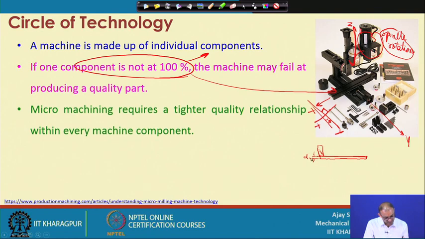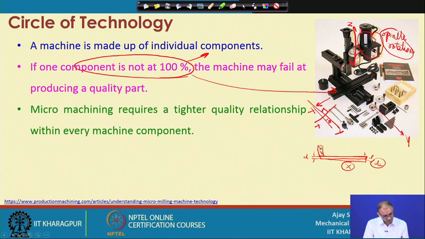So, this is d and this is also d, but because of this angle, you are cutting something like this. So, this will be d2, that is not exactly d. So, there are problems with many things here, because one, this part is not as per the dimension. So, the part will be rejected.